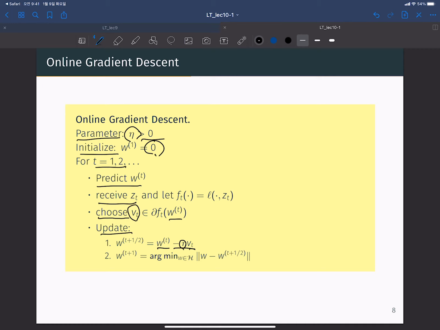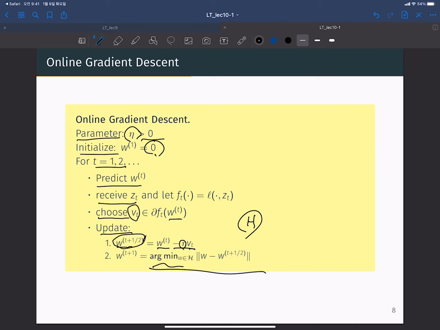And then w_{t+1/2}. Why is this 1/2? For the case where this updated position is outside of our constraint set, the hypothesis class H. If our updated parameter w becomes outside of hypothesis class H, then we have to project the outside data point to the inside of our hypothesis class. That is this argmin operation.